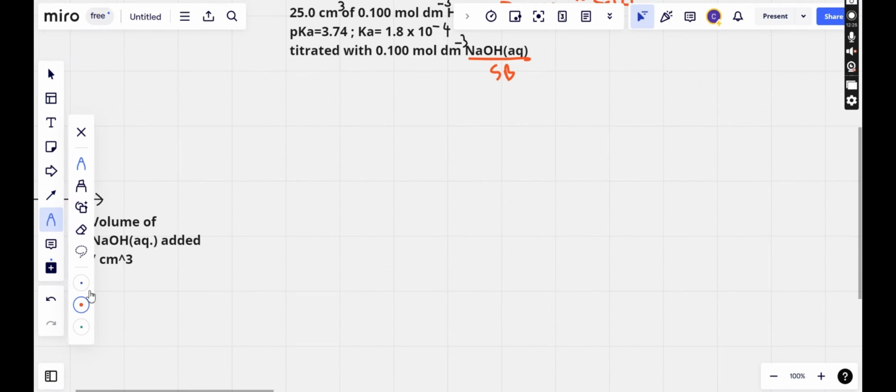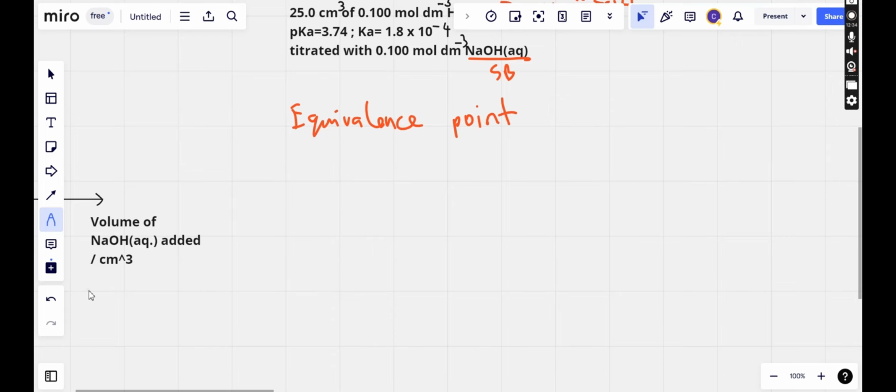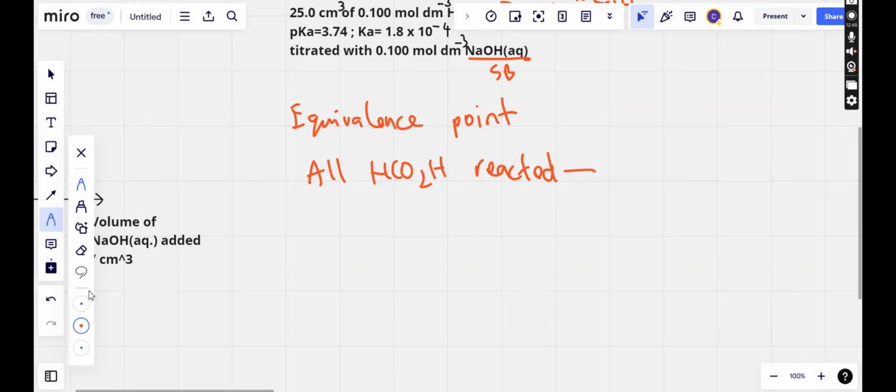So let's calculate the pH at the equivalence point. At the equivalence point, all the acid has reacted, and all you are left with is only the conjugate base inside the solution.